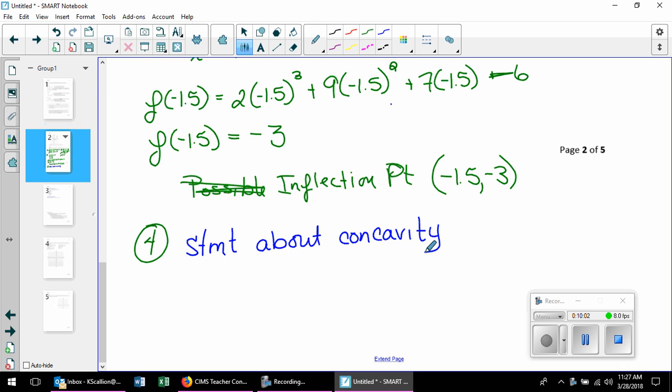All right, so where is the graph concave down? Where it's negative. So let's make a domain statement about it. F of x is concave down where?